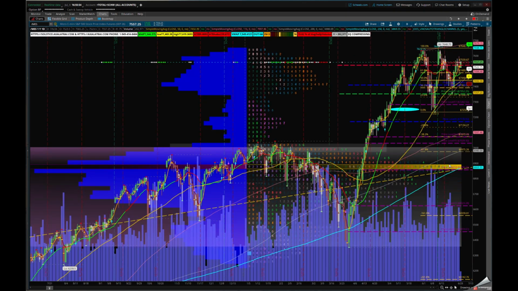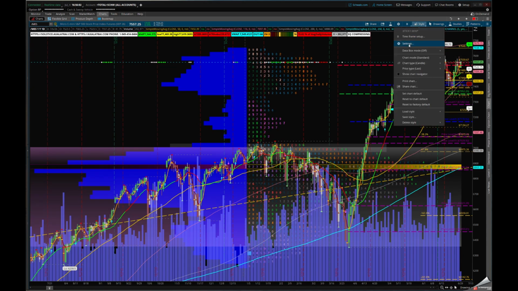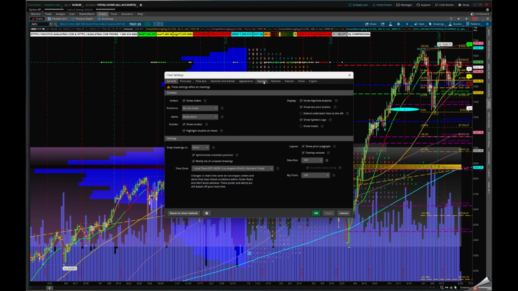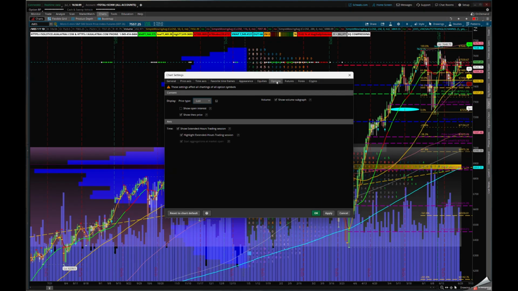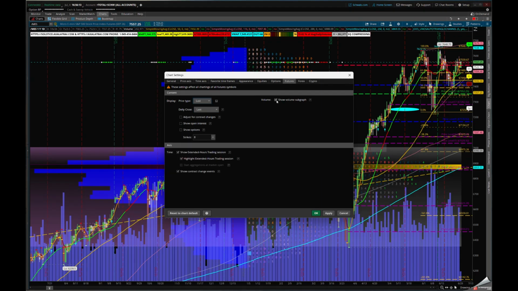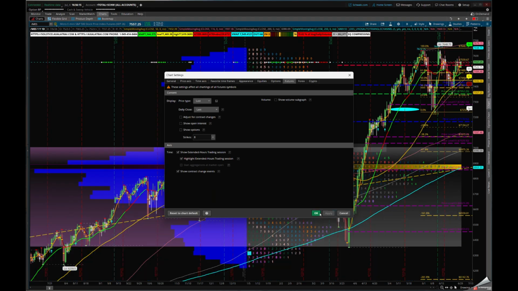There it is. This is the monkey bars for the annual chart on the S&P 500. What I want to do in here is go to the style and turn off the volume profile at the bottom of the charts to make these a little bit more visible. I'm going to take off the equities volume profile, the options, and the futures, to show you how to look at the volume profile.